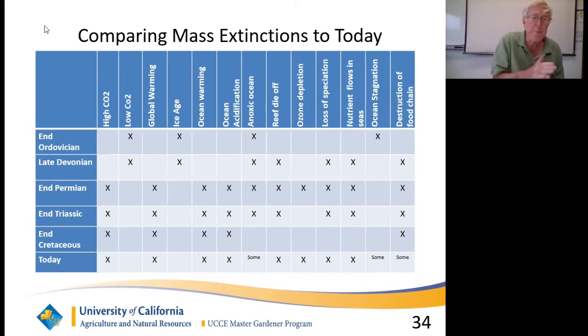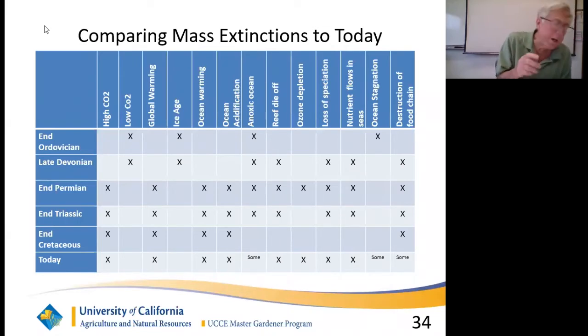So the left hand side starts with the Ordovician extinction and goes right down through the Cretaceous, with the bottom being today. And across the top are the conditions that may have existed during that time: high carbon dioxide, low carbon dioxide, warming of the atmosphere, warming of the oceans, etc. I hope you can read across the top of that slide.